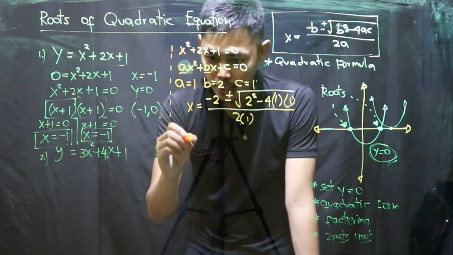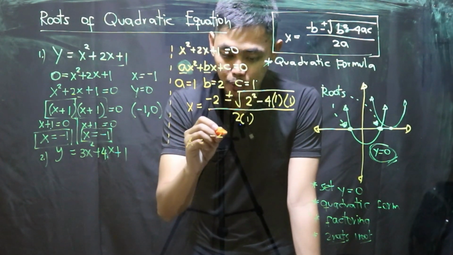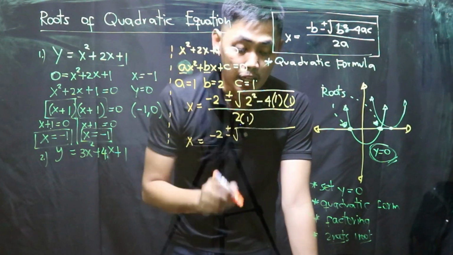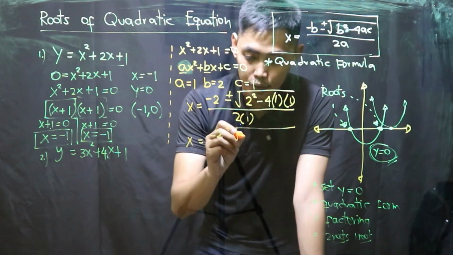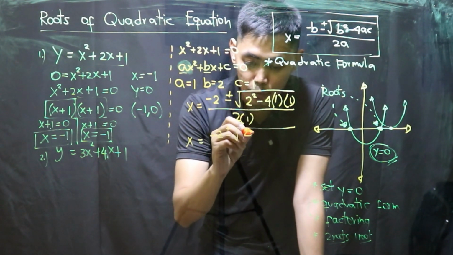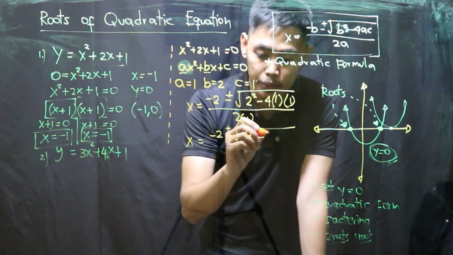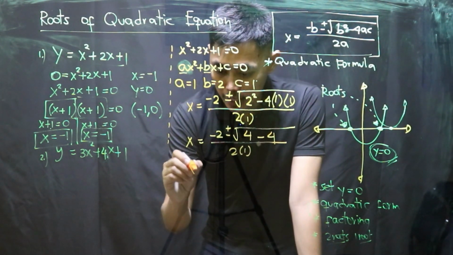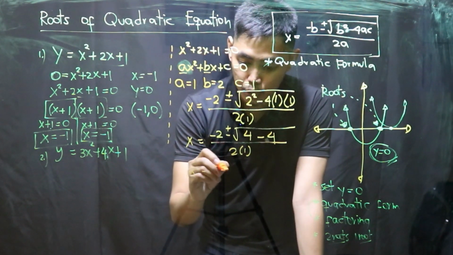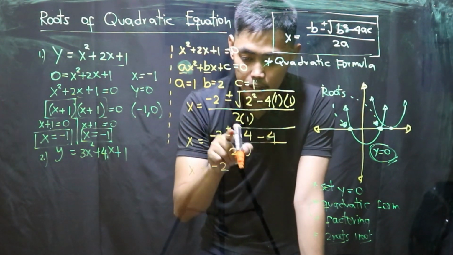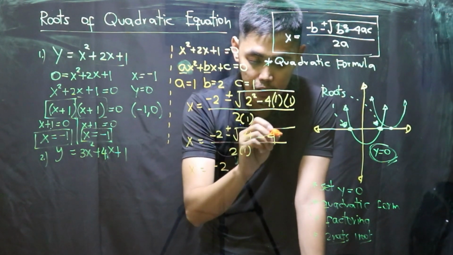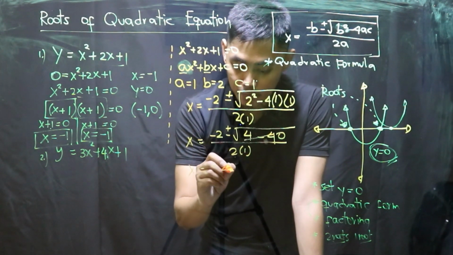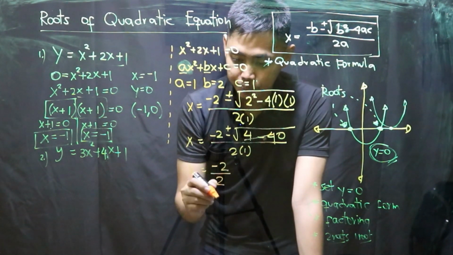Now, let us solve. x is equal to negative 2 plus and minus the square root, and then we will simplify the inner terms of the square root. So we have 2 squared, which is 4, minus 4 times 1 times 1, which is 4, over 2 times 1. x is equal to negative 2 plus and minus the square root of 0, and we all know the square root of 0 is 0, over 2.